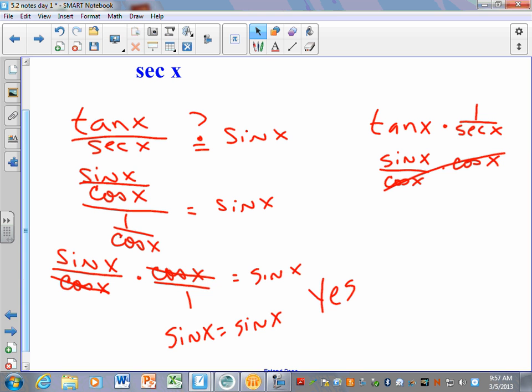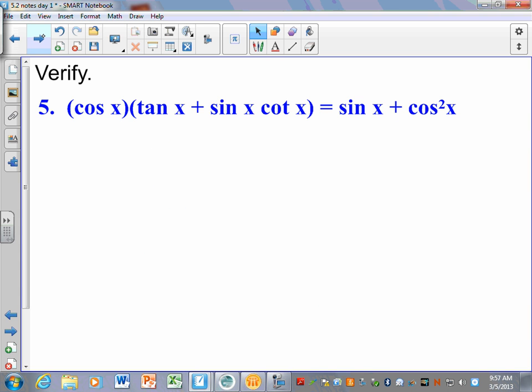Let's try one more, like a real proof. Verify this identity, that cosine of x times tangent of x plus sine of x cotangent of x equals sine of x plus cosine squared x.